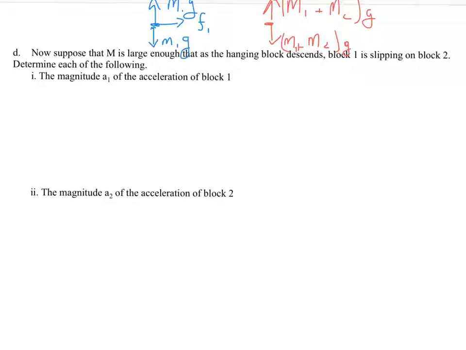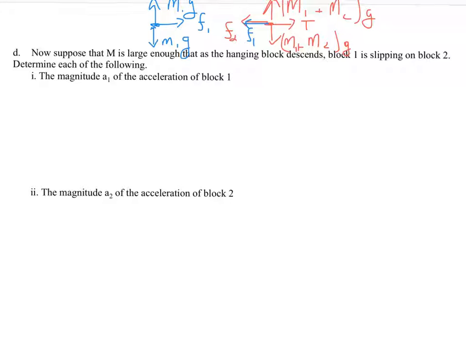Here we have the tension pulling it forwards, and we have the friction from the surface, but also the friction from block 1, mass 1, pulling back.